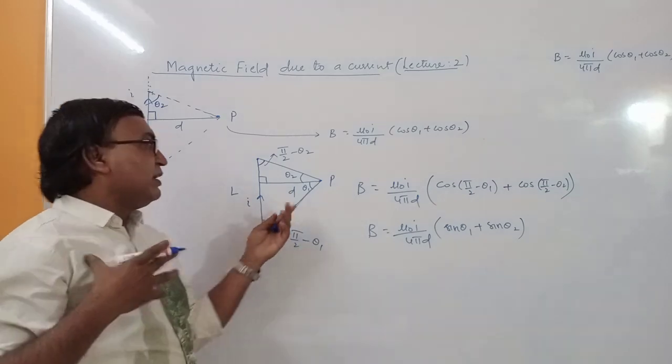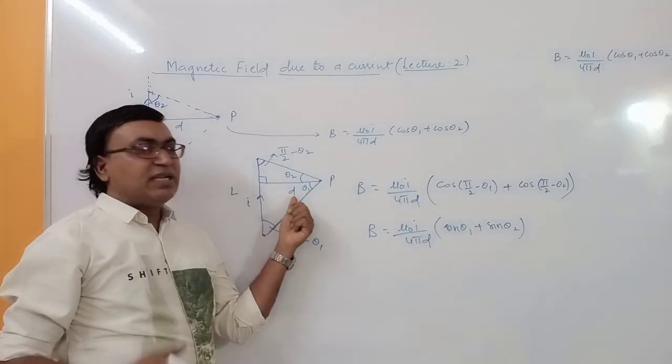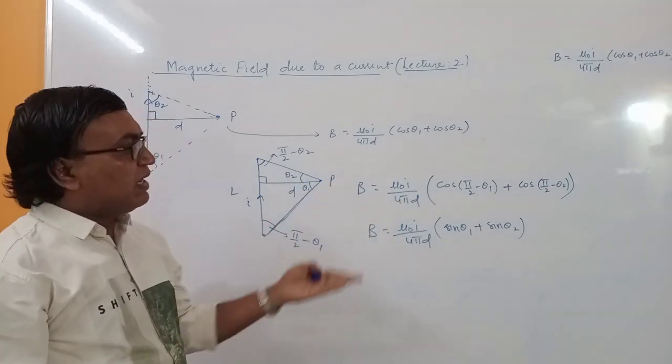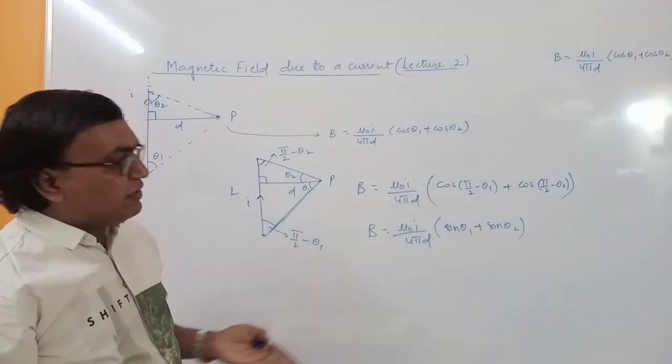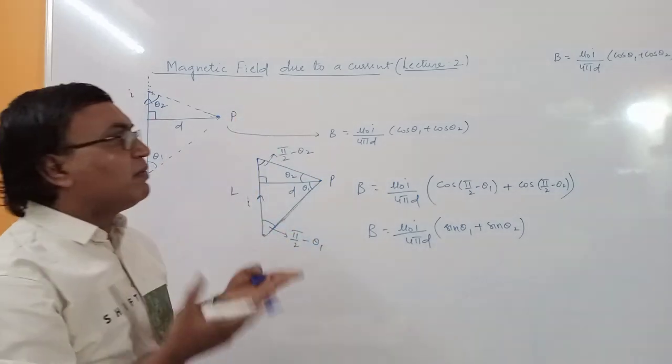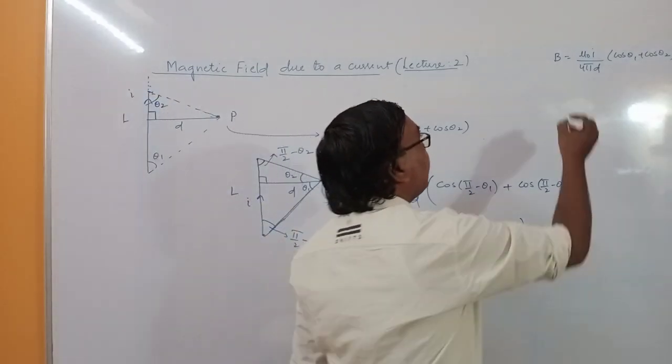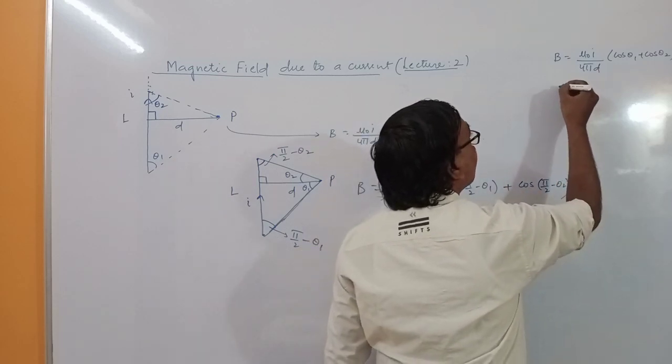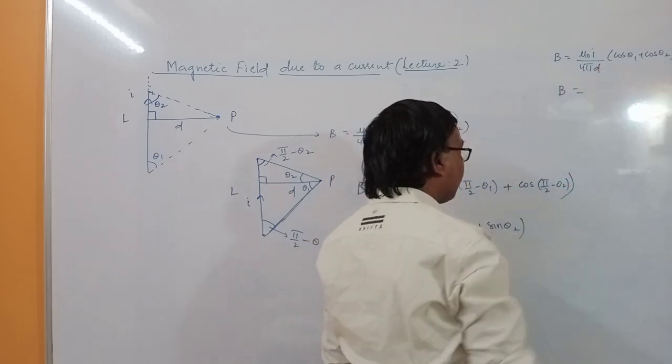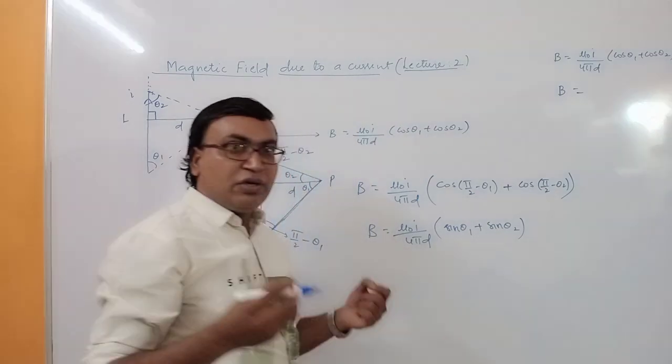It depends. Wherever you are able to find the angles, use that formula, or you stick to any one of the formulas and solve all the problems. So it depends on your skill, or on your wish.